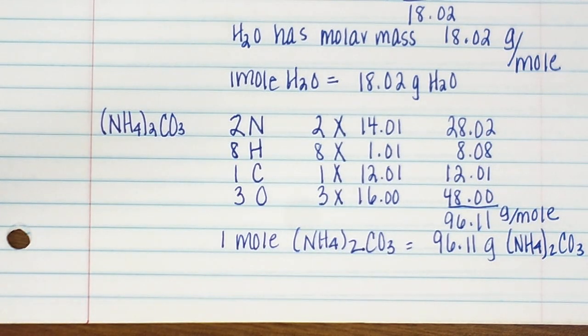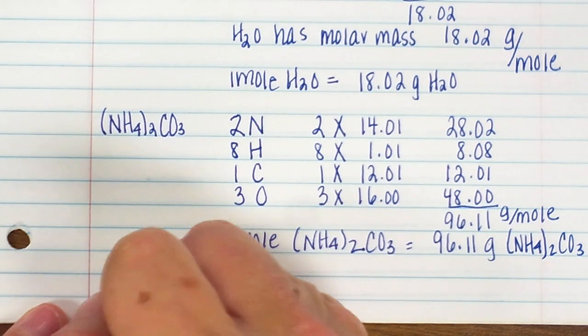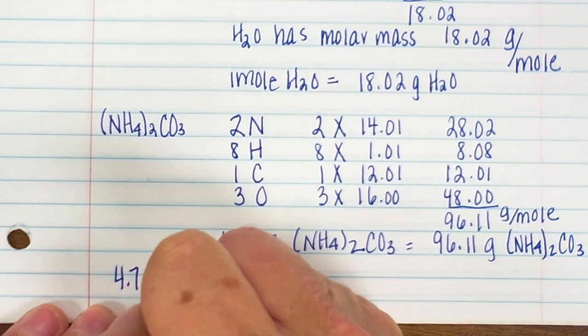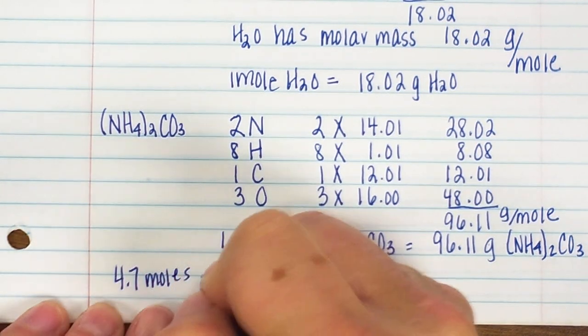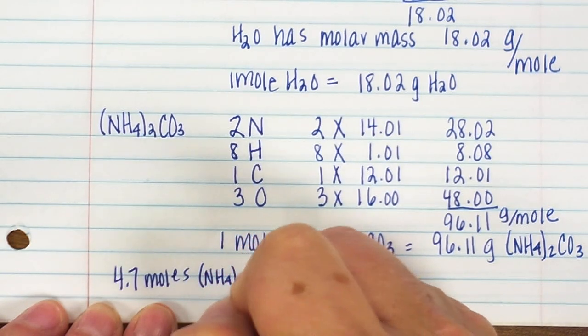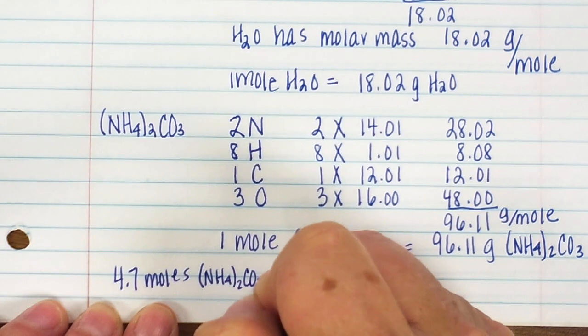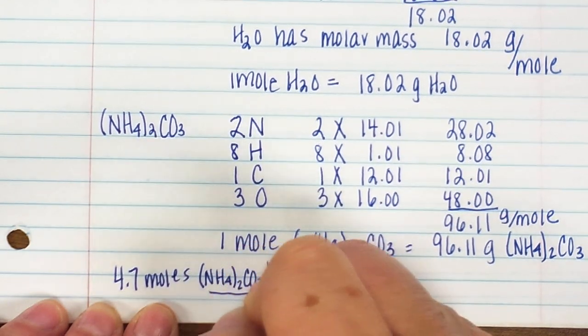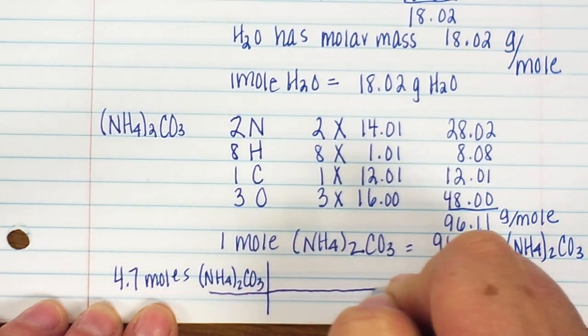All right, now the next thing that we want to do is actually make a conversion here. So let's say I had 4.7 moles of ammonium carbonate, and I want to convert that to grams.